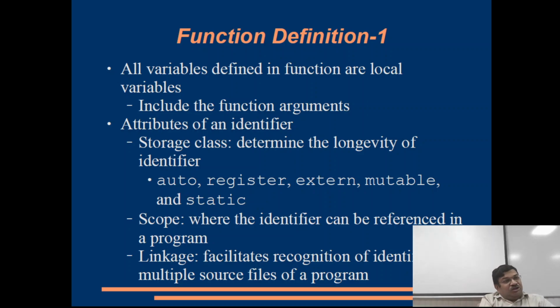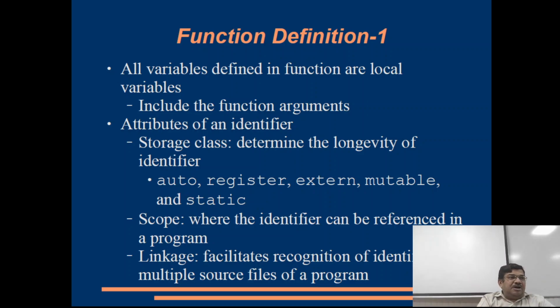And these include not only the identifiers which have been defined within the function body, these also include the arguments that are passed on to the function, that are defined in the definition.